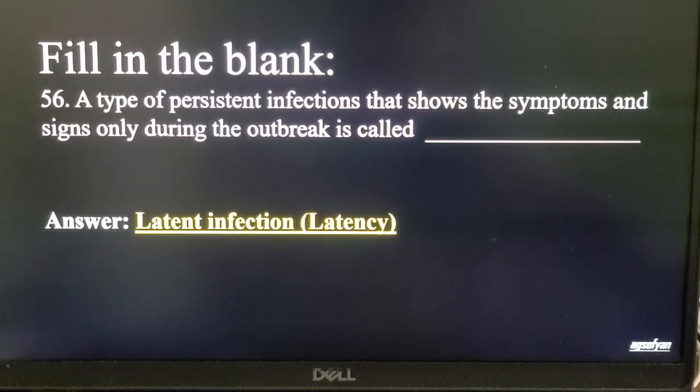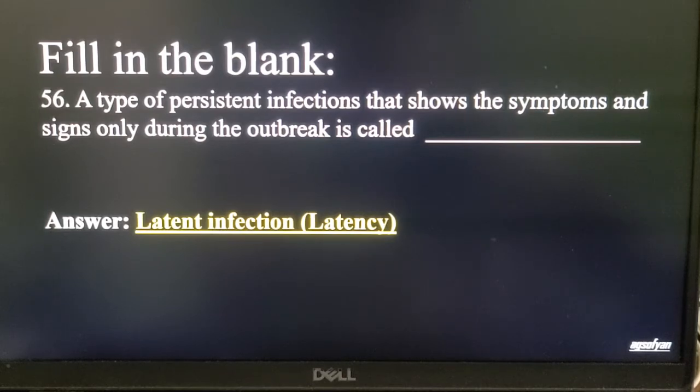They do not give signs and symptoms until the outbreak time, like for example, a cold sore. A cold sore is caused by herpes simplex virus number 1, human herpes simplex virus 1.